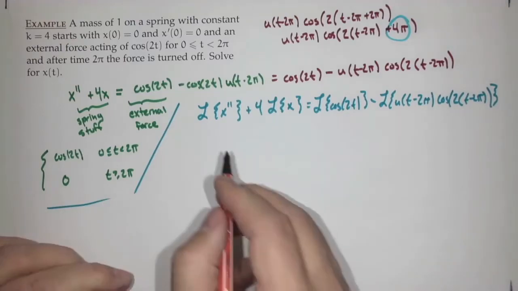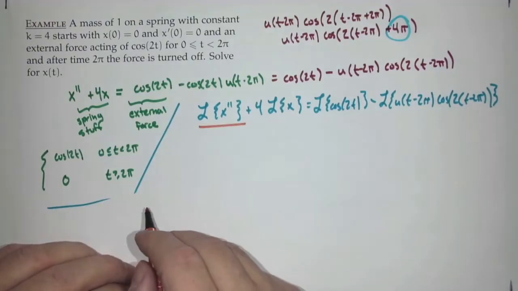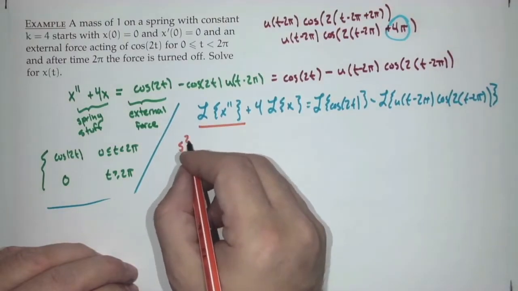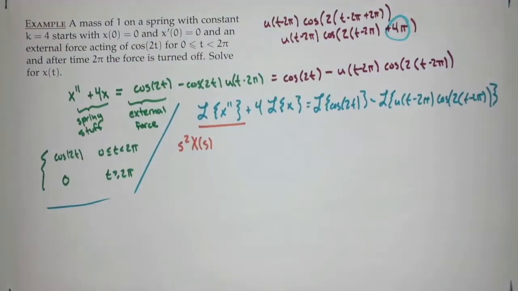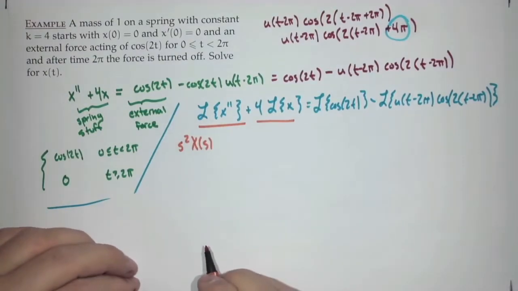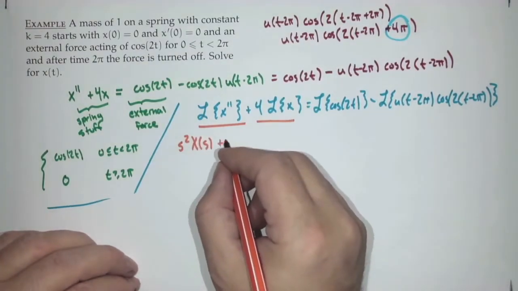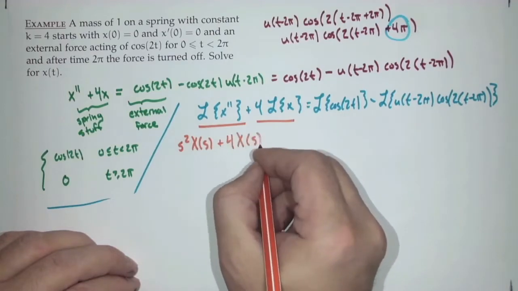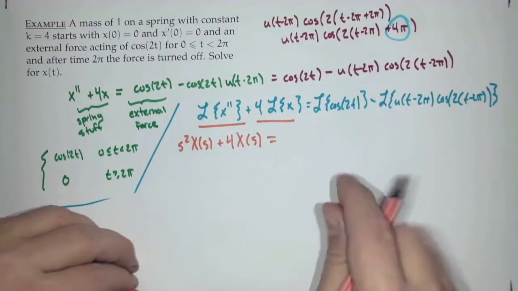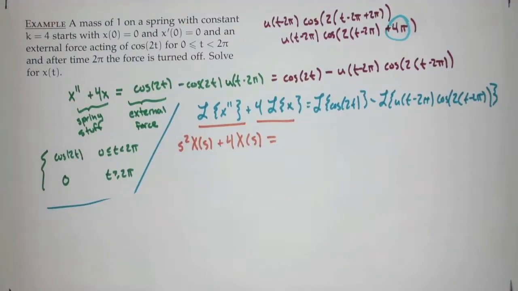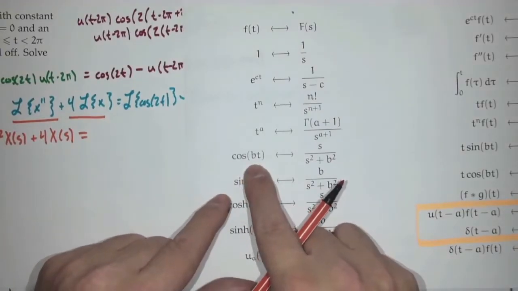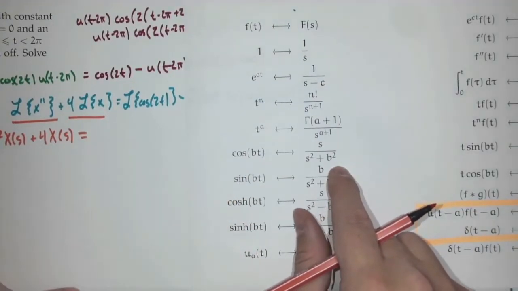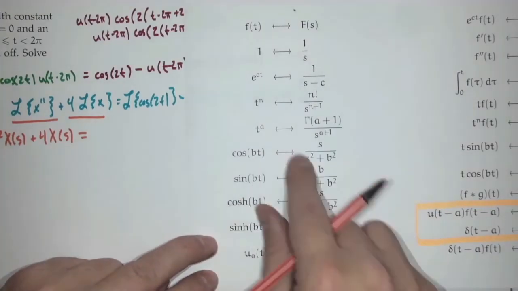What does the Laplace transform of x double prime become? S squared X of s. And our initial conditions being 0 says the other terms are going to be 0. All right, that's great. How about the Laplace transform of x? Plus 4X of s equals the Laplace transform of cosine 2t. We probably don't have that one memorized, but we can just grab it here. Cosine 2t becomes s over s squared plus 4.